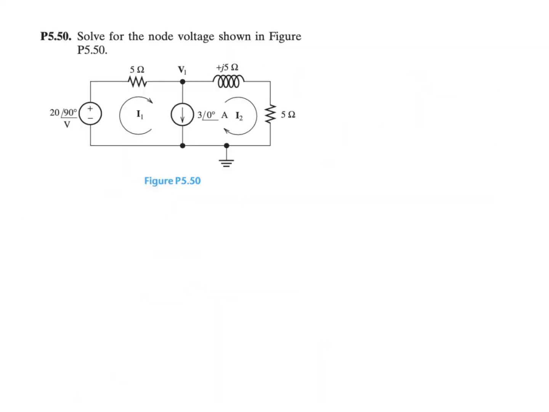Question P5.50. So for the node voltage shown in figure P5.50, we are asked to find the node voltage. To find node voltage, we need to use node analysis. This circuit is actually pretty simple. We only have two node voltages.